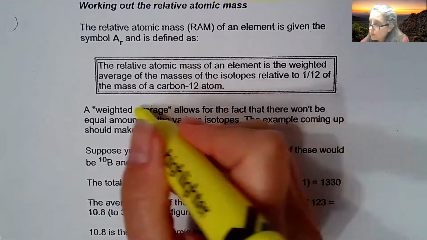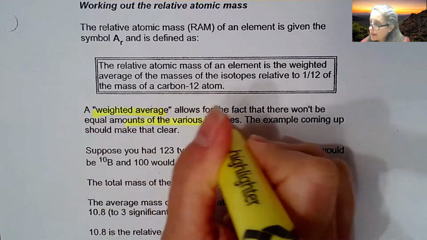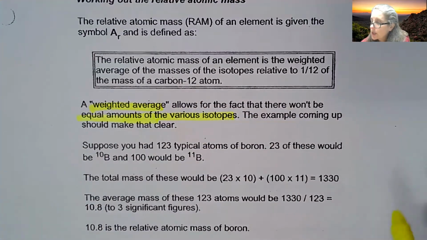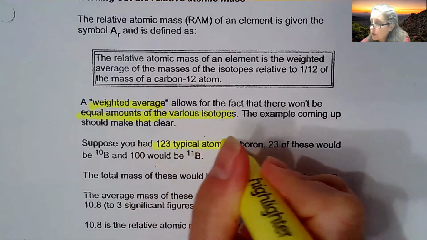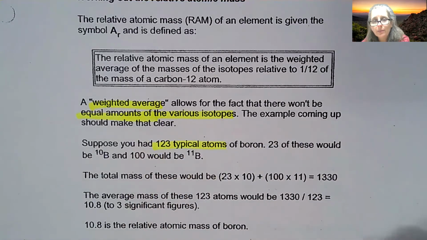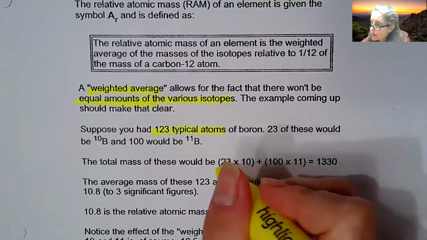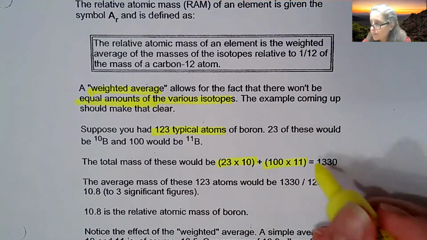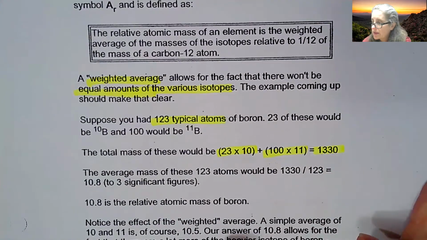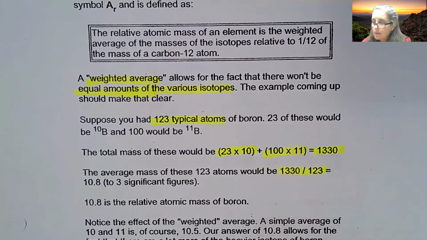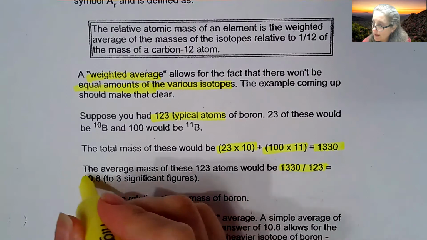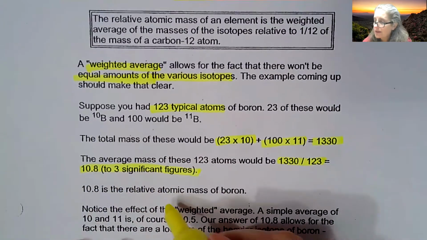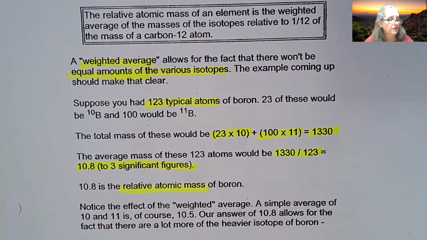We know that you're not going to have equal amounts of different isotopes. So if I count up the total, which is 123, 100 plus 23, 23 of them have a mass of 10 and 100 of them have a mass of 11. If you add that all up, it's 1330. And if you divide that number by however many atoms, you get about 10.8 as your relative atomic mass. So that's what the instrument does for you.